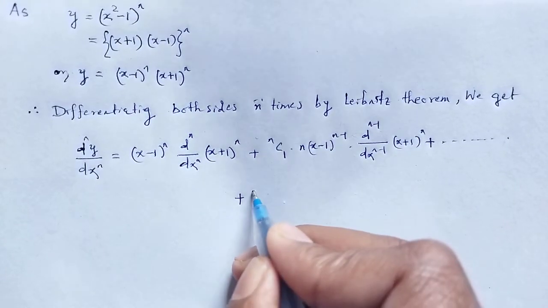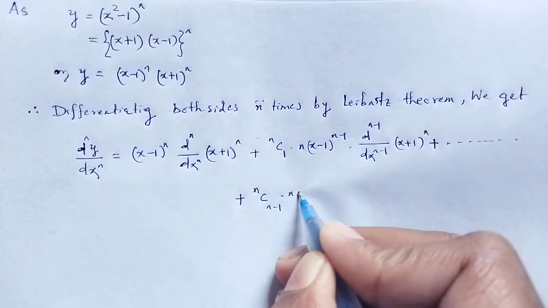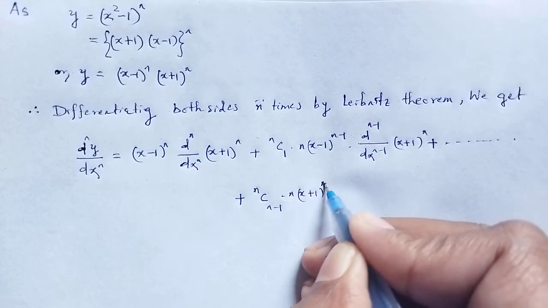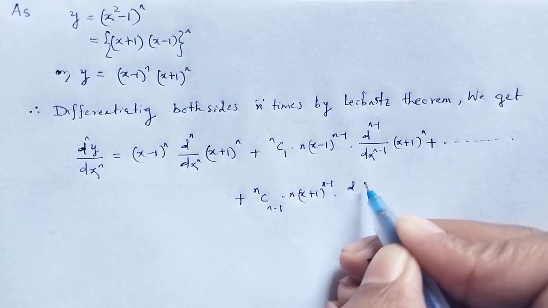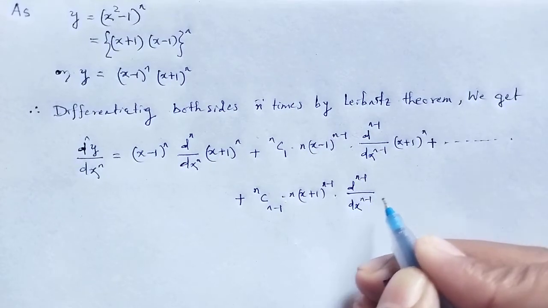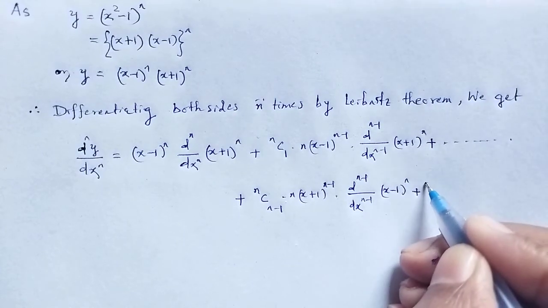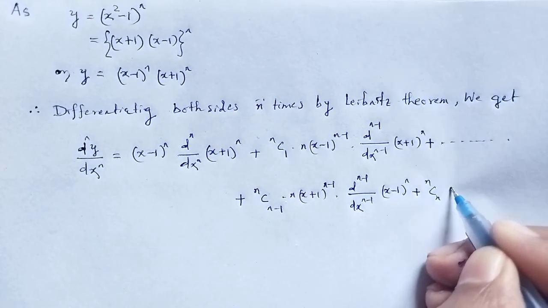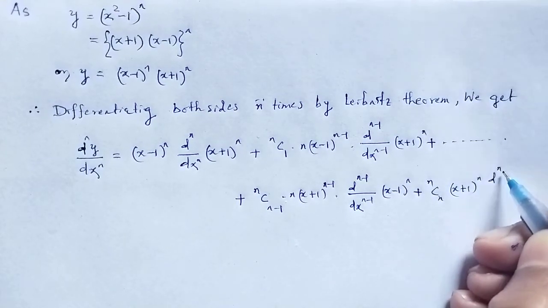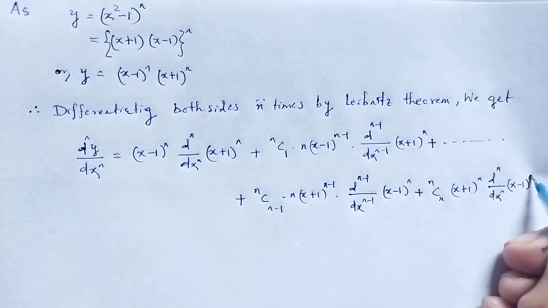For the (n-1)th term it will be nC(n-1), n times (x+1) to the power n-1 into d^(n-1)/dx^(n-1) of (x-1)^n, plus nCn (x+1)^n d^n/dx^n of (x-1)^n.